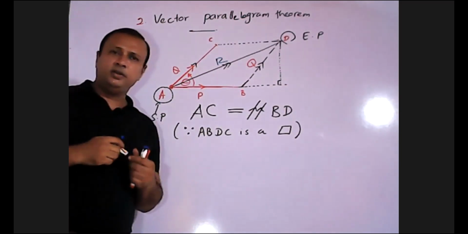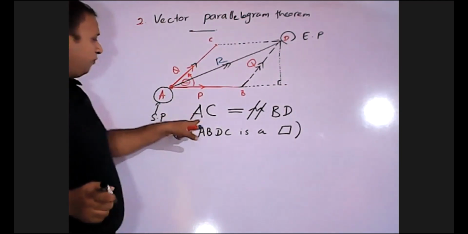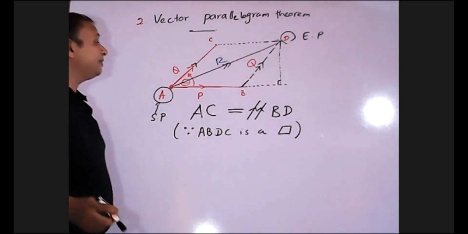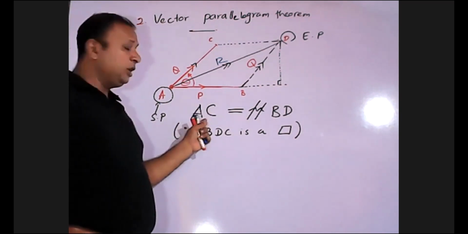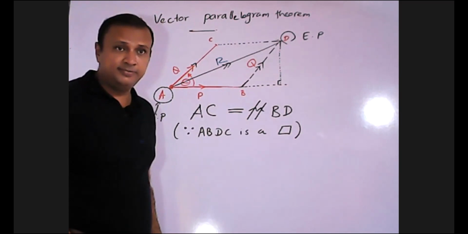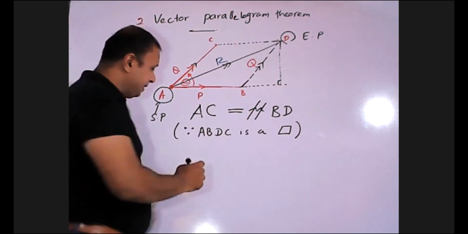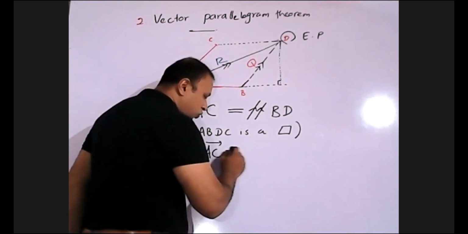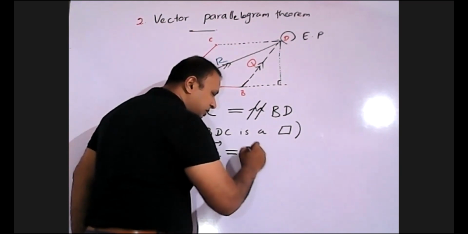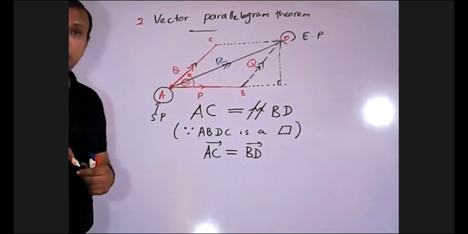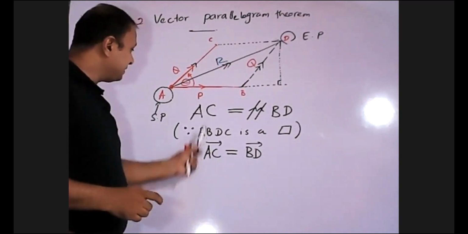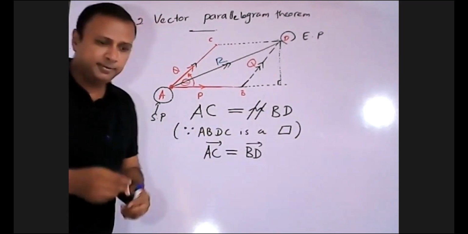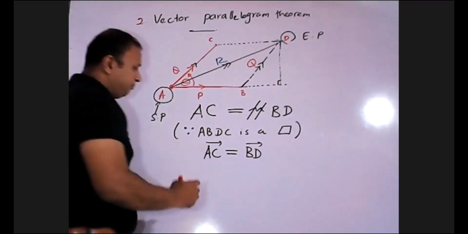Use this kind of symbol when you are writing, okay? AC and BD are equal in length and same in direction, that means AC vector should be equal to the BD vector.